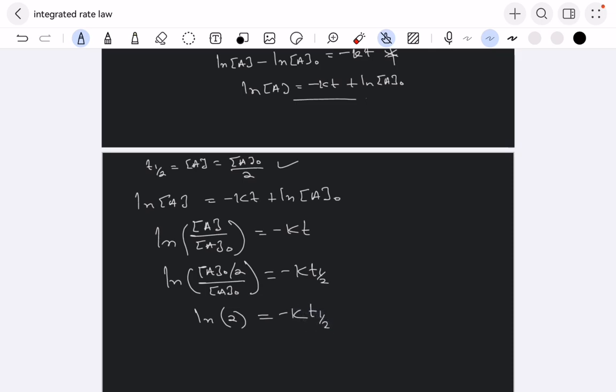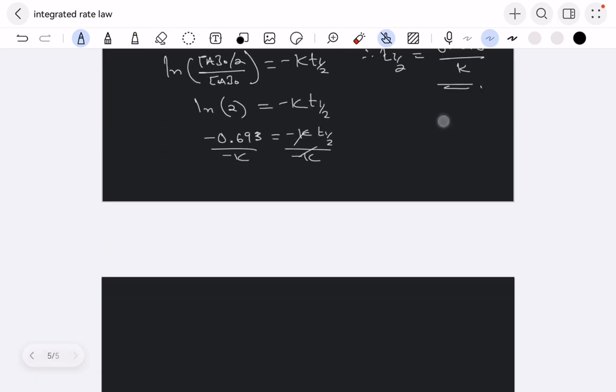When we punch it on the calculator, this gives us 0.693 equals k t half-life. Therefore, the half-life is given by 0.693 divided by k. So that is how we determine the half-life.